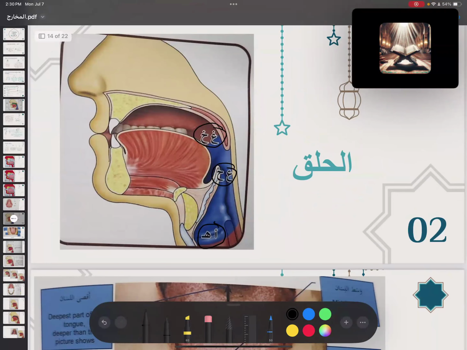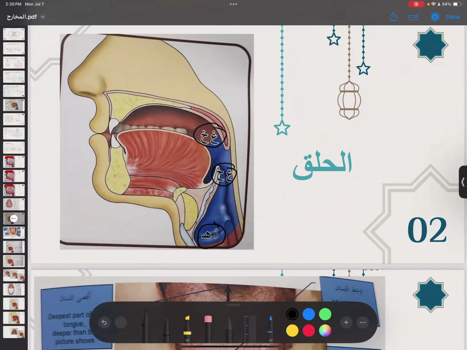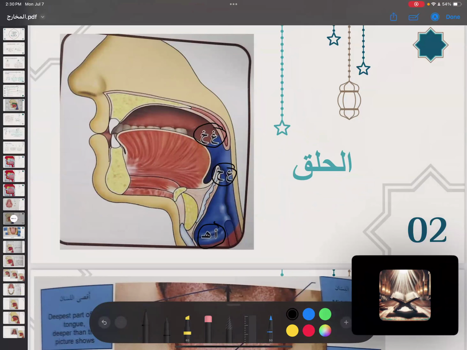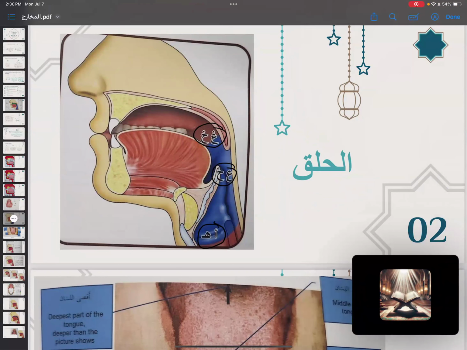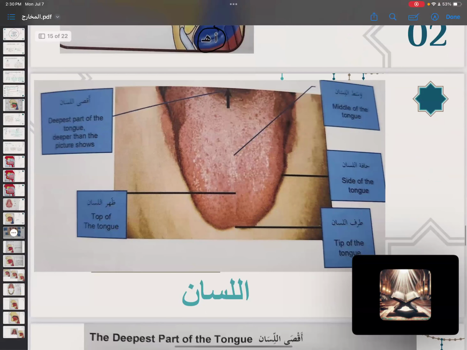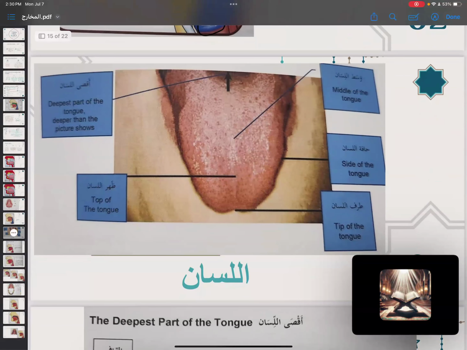That's why we have different sounds for each of the letters. If you think about it, Hamza and Ha have a very similar sound. Ain and Ha also do, and Ghain and Kha do too. That's because of the different points in the halq that they come from. And then there are different parts of the lisan as well.